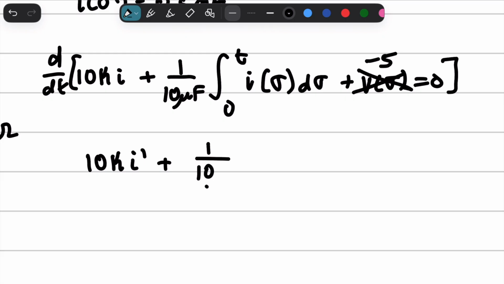1 over 10 microfarads, and the derivative and the integral are inverse, so this is just going to become I of t equals 0.